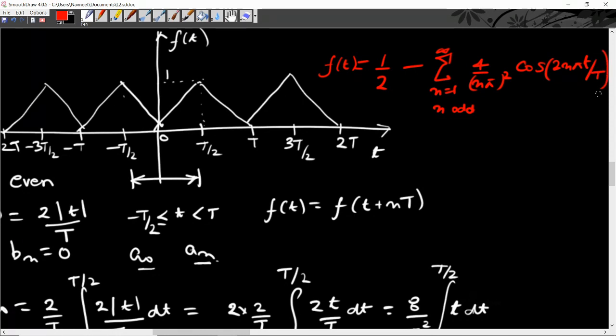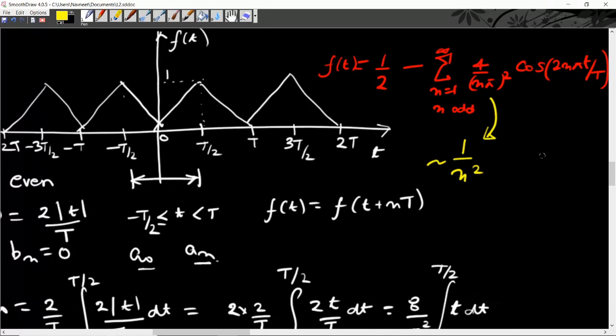capital T. So the first thing to note is that in the case of the triangular wave, we have coefficients that go as 1 over n squared.